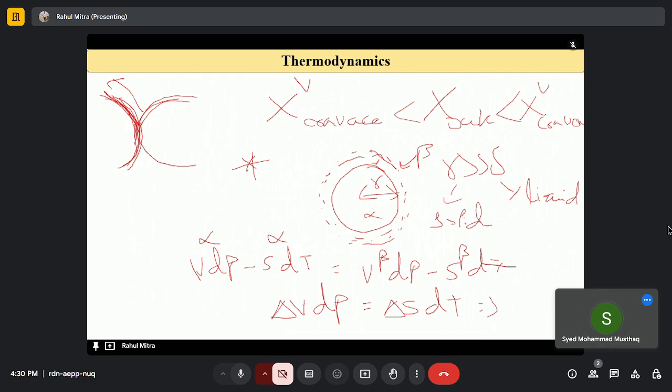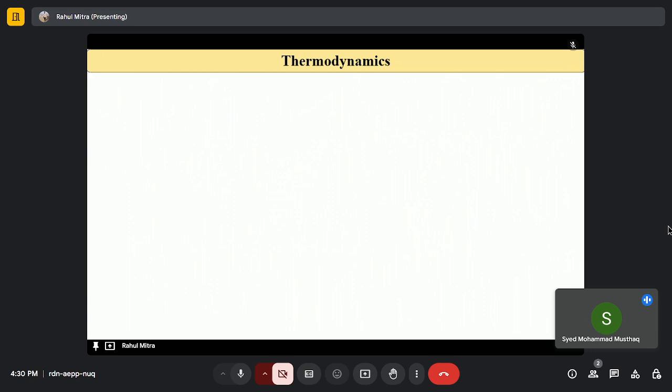This will be approximately dP by dT equals delta S by delta V, and delta S is delta H by Tm, divided by delta V. So let's go to the next slide.